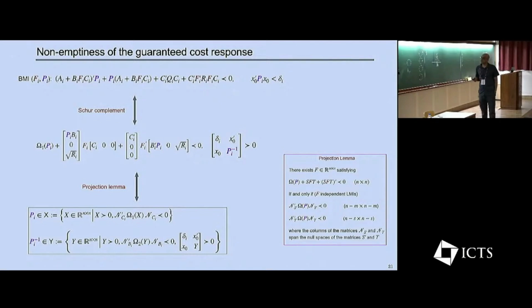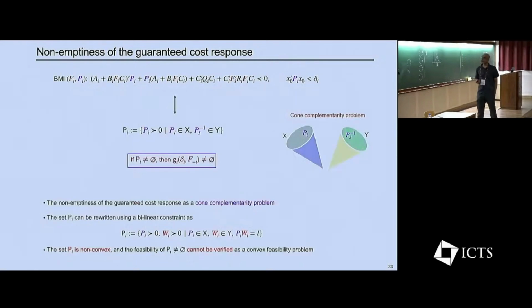So if I do that, I get a condition that the guaranteed cost response is non-empty if I can find a positive definite matrix that belongs to a certain convex set X, but its inverse should belong to another convex set Y. That is basically the characterization for non-emptiness of the guaranteed cost response. But what exactly is this set X? It is a subset of a positive definite cone, and Y is also a subset of a positive definite cone.